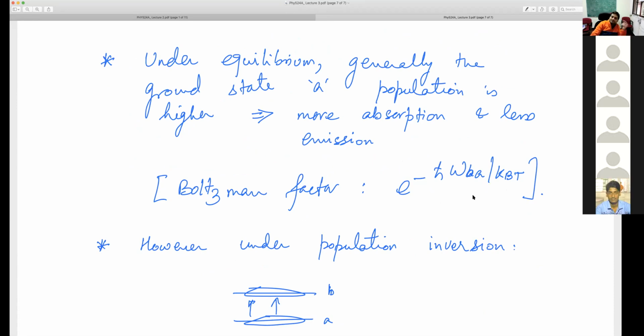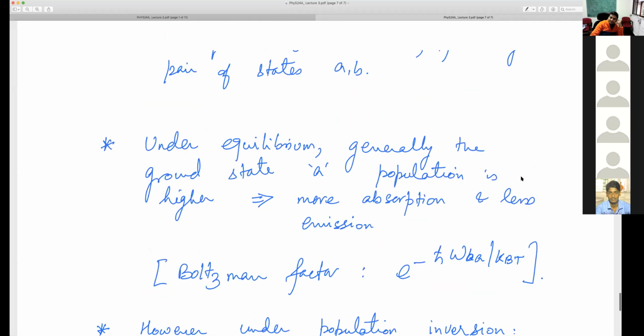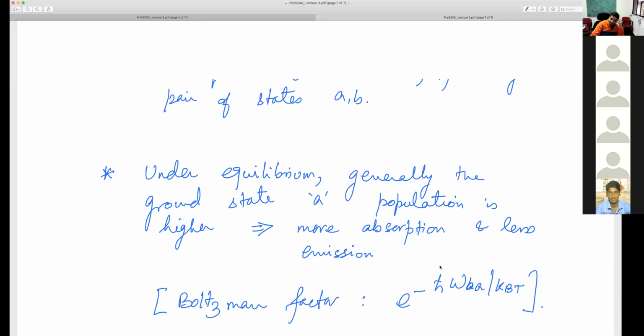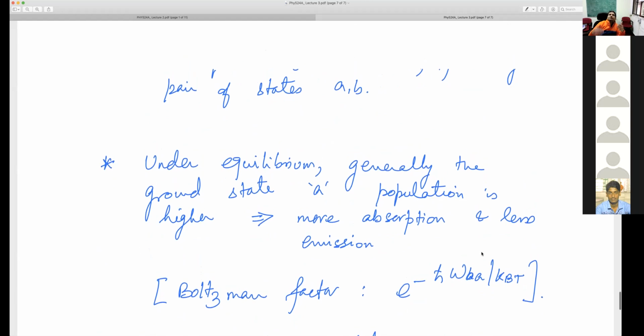So this will give you the ratio of how many atoms are in A and how many are in B, and depending on which is larger, so depending on the temperature, I can have more emission or more absorption. Typically the rates will adjust with the Boltzmann factor so that in equilibrium I have neither emission nor absorption. So that's what equilibrium will be.